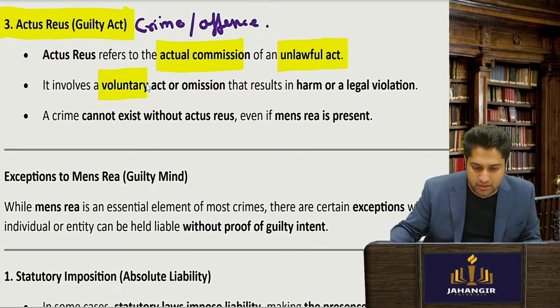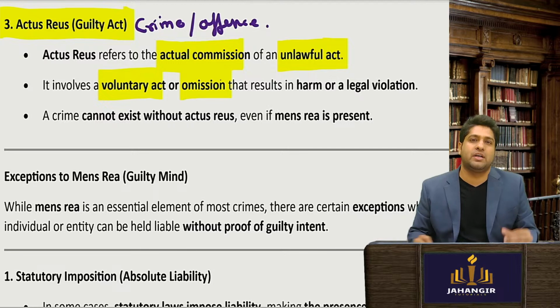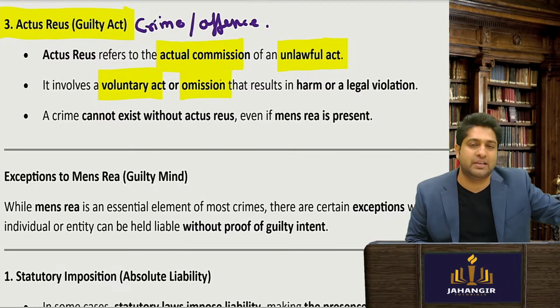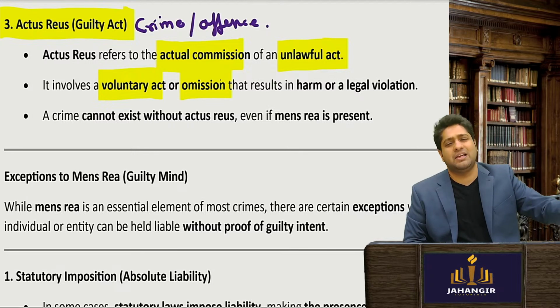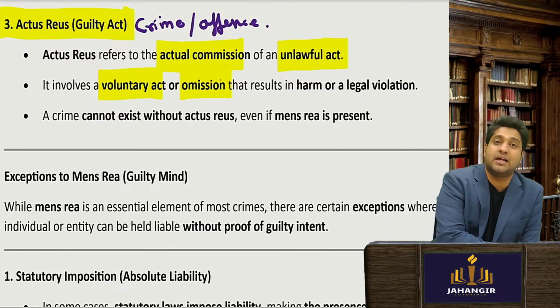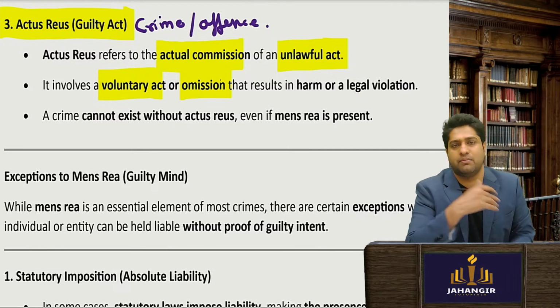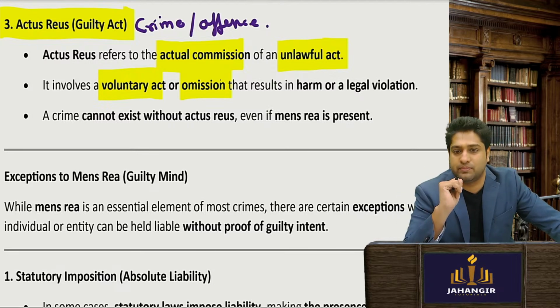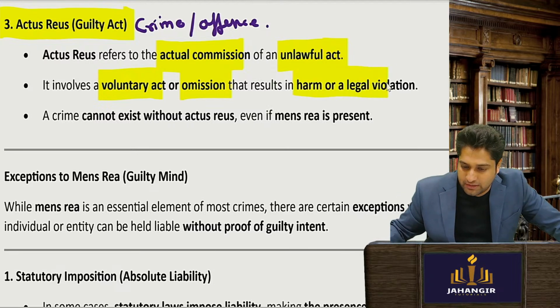Either you voluntarily do it or do an omission. For example, gross negligence, when it was your duty to care and you didn't care. A doctor who was extremely negligent is considered to have committed a crime by omission. Directors, when they did not pay the taxes, it amounted to a crime. Okay, a harm or a legal violation.